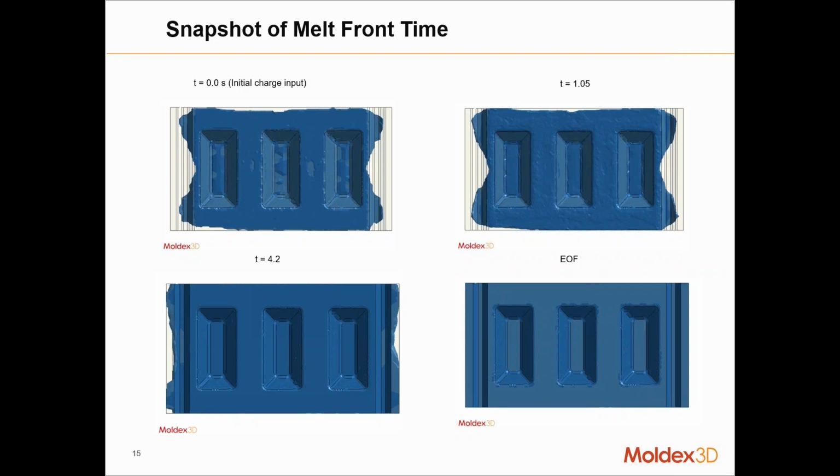The first one, top left, is the initial charge input from Dyna, what the shape is. And then at 1.05 seconds, progression at 4.2 seconds, and your final part once the compression stage is complete.